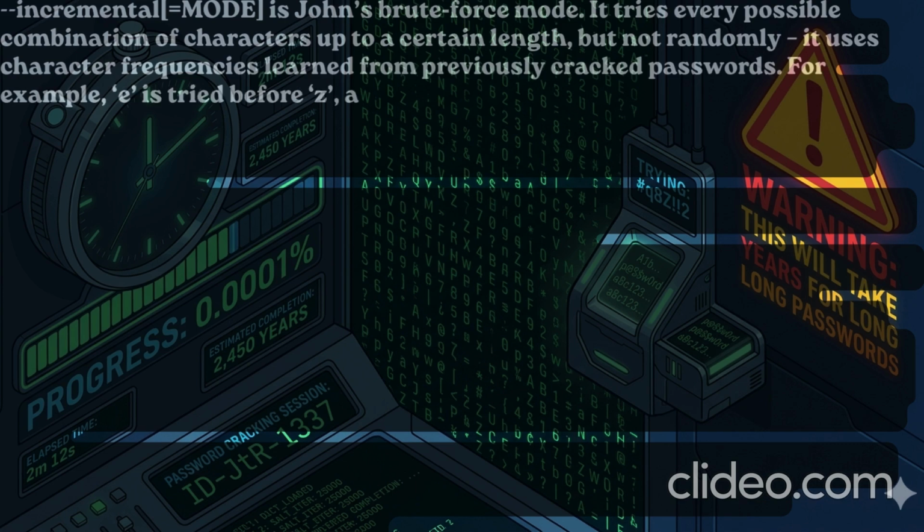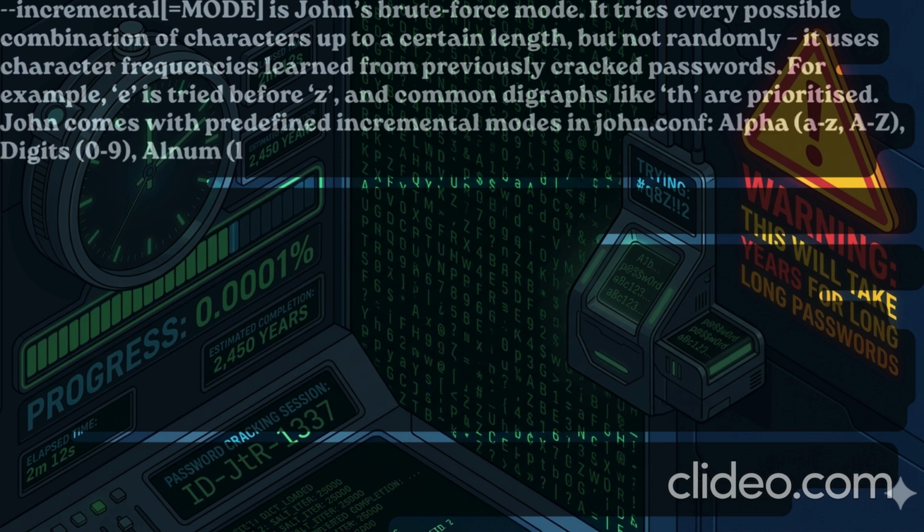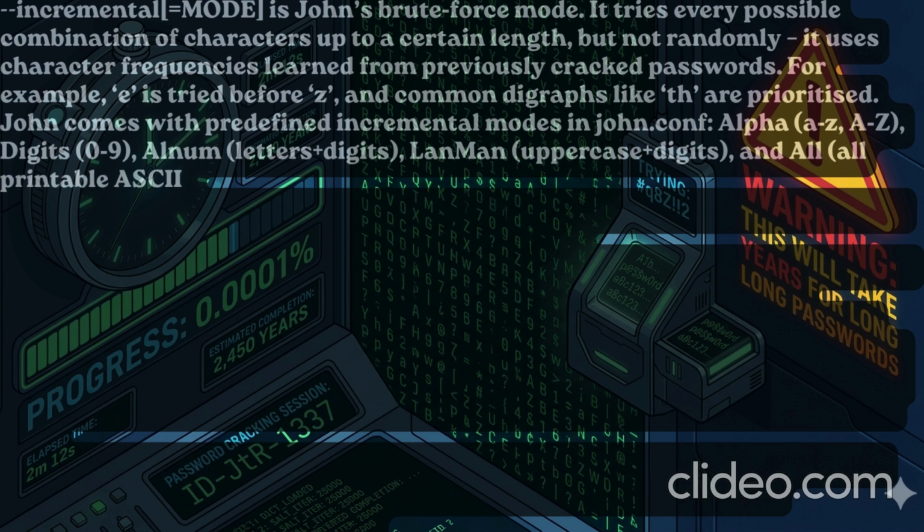John comes with predefined incremental modes in john.conf: Alpha, A to Z; Digits, 0 to 9; Alnum, letters plus digits; LanMan, uppercase plus digits; and All, printable ASCII. Uses: john --incremental=alpha hashes.txt.